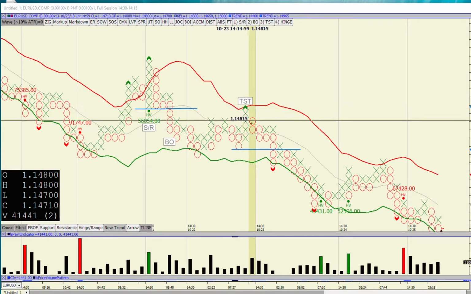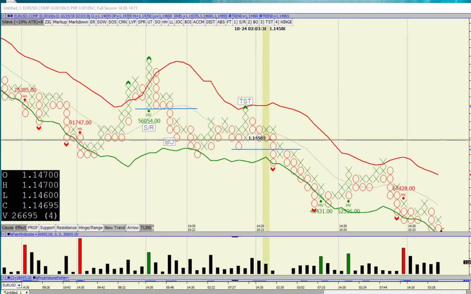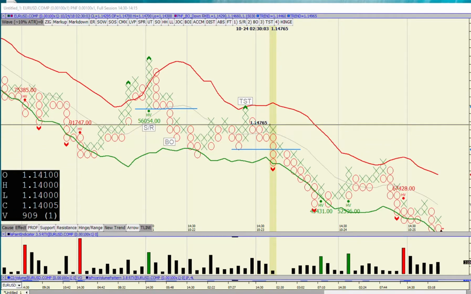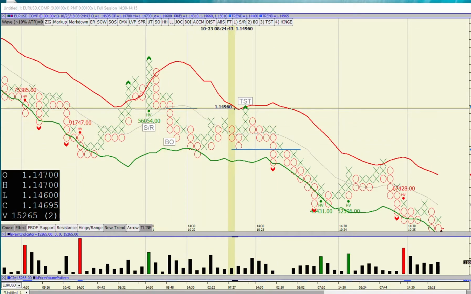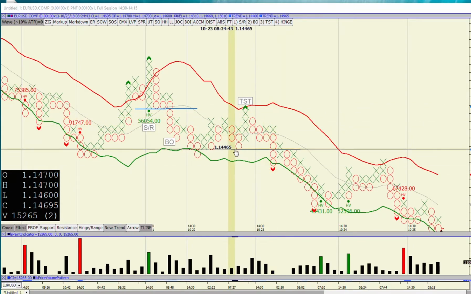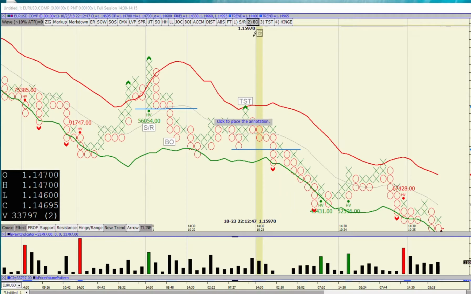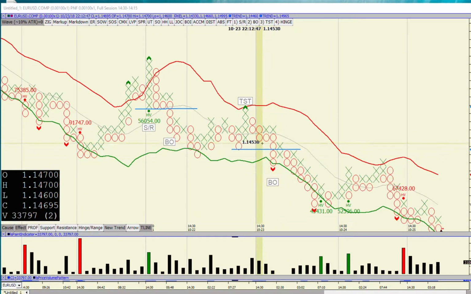After the test, it pulls back and breaks. Now I could have called this a hinge, but let me just work with these three concepts first. So this support, what happens? It breaks. So breakout.